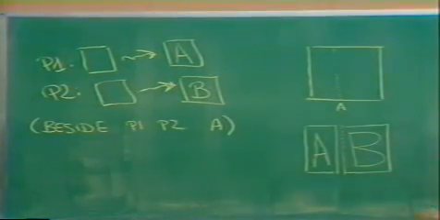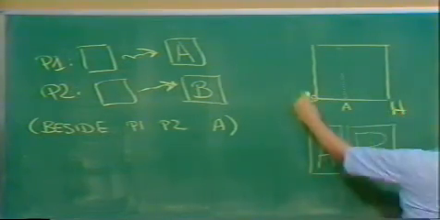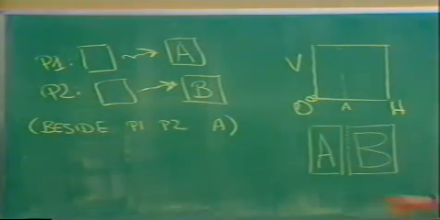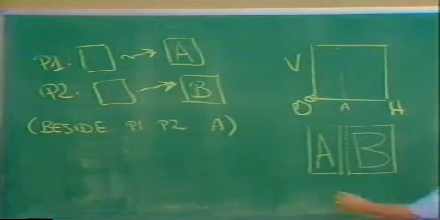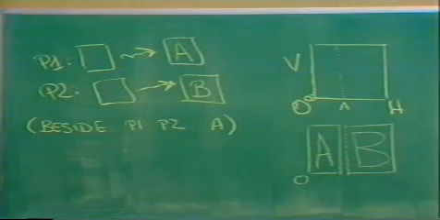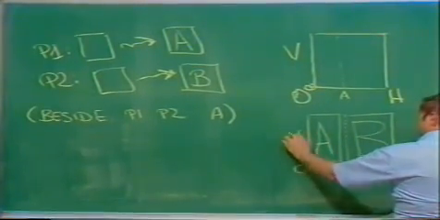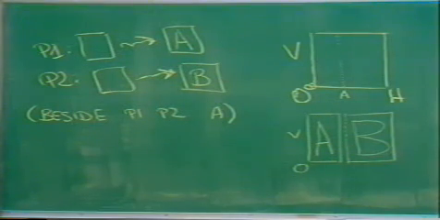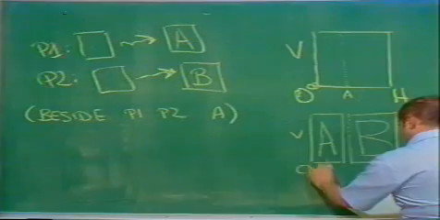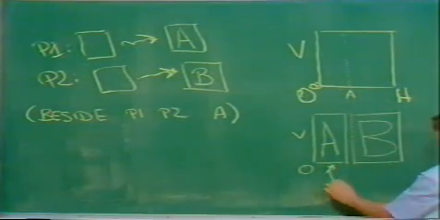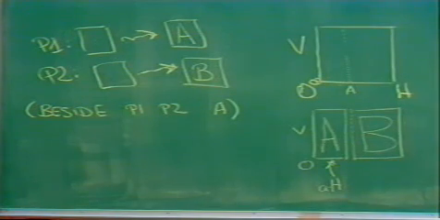Remember, a rectangle is specified by an origin and a horizontal vector and a vertical vector, so it's got to figure out what these things are. So for this first rectangle, the origin turns out to be the origin of the original rectangle. And the vertical vector is the same as the vertical vector of the original rectangle. The horizontal vector is the horizontal vector of the original rectangle scaled by A. And that's the first rectangle.